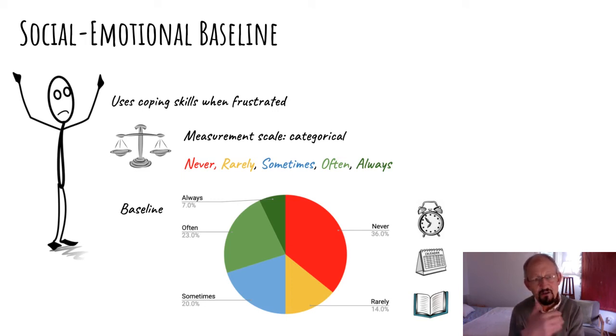So ideally, if we think that a child's ability to use coping skills when frustrated might be influenced by the context, let's say preferred versus non-preferred activities or social versus less social types of activities, then we ought to sample those within our baseline so that we can make sure we have an accurate picture of what makes them successfully use coping skills and what diminishes that success.